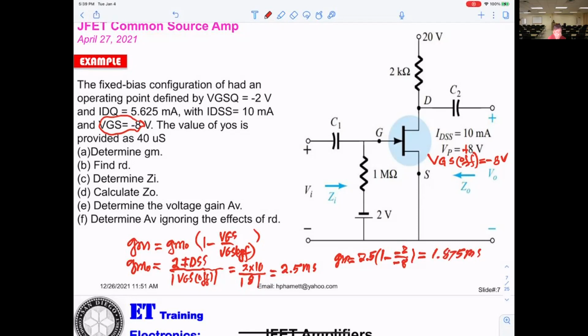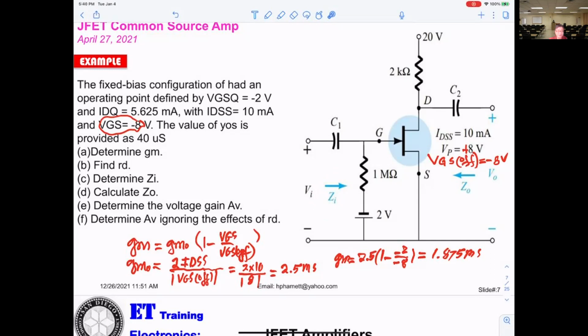Okay, now number C, input impedance. The input impedance for C would be infinity, because we're doing a JFET, which has high input impedance. That's what they expect it to be, but it depends on the circuitry. On this circuitry, they want to know the Z in.